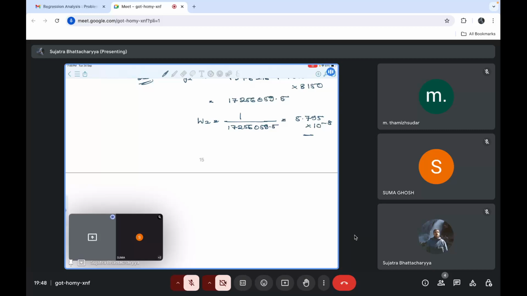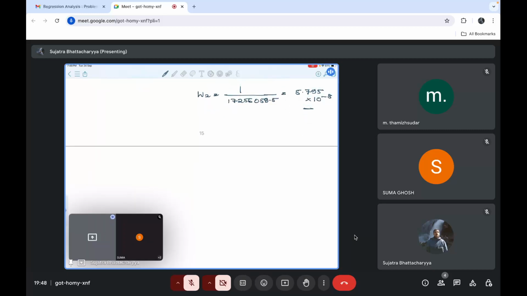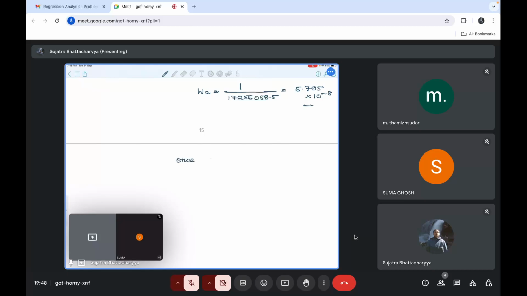Fine. So once we calculate the weights, the next procedure is what? Once these weights are calculated, using the weighted least square technique, we make a fit between x and y.